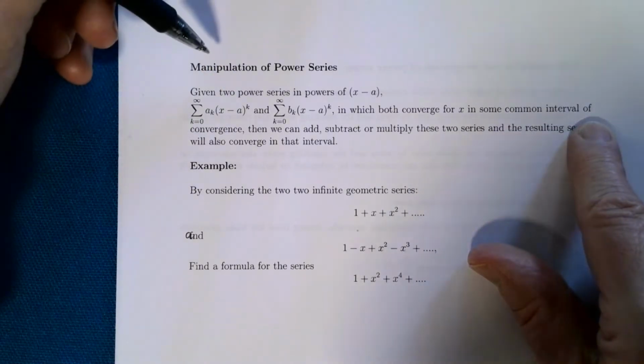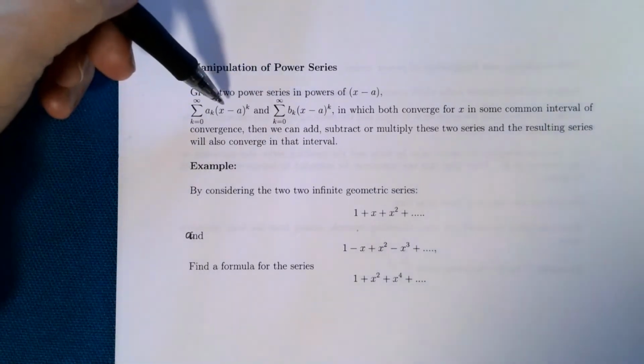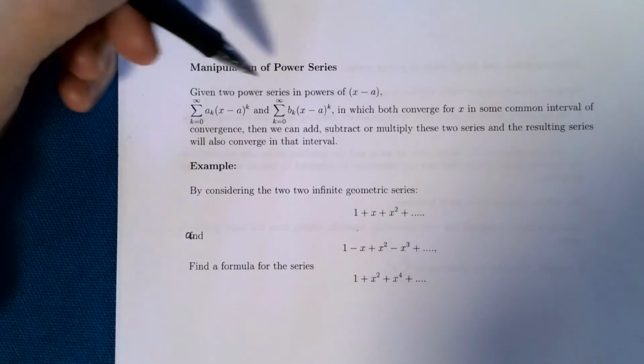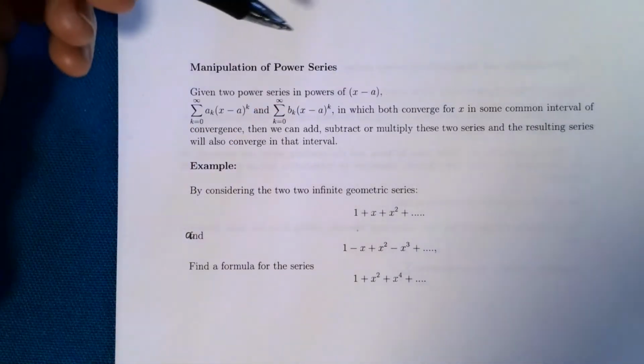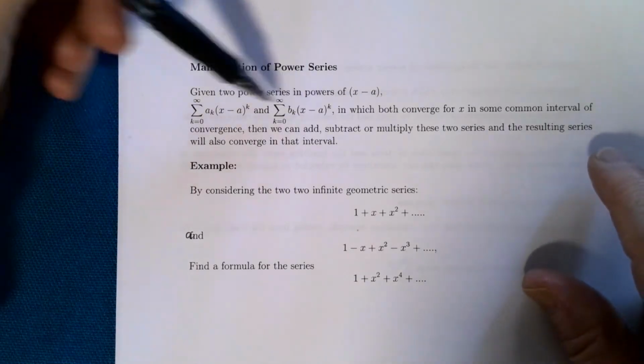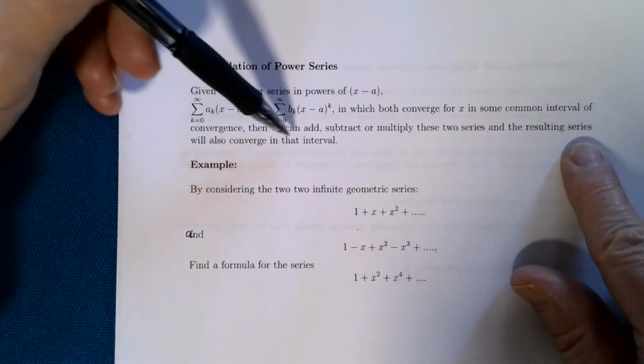So we're going to suppose that there's some interval of convergence in which both of these converge. Then you can do what you like. You can add, subtract, or multiply these two infinite series, and the resulting series will also converge in that interval.